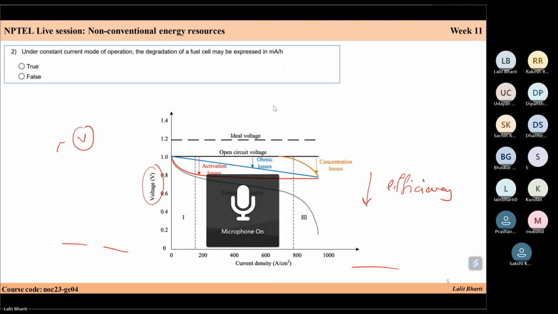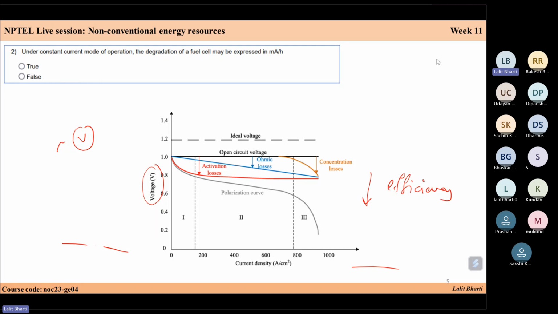So this statement should be true: for a constant current, let's say for 1 hour, if you are getting your capacity or performance as milliampere per hour, and if your current rates are lower, then you will get a low number of flowing electrons, and your flowing current densities will be lower for the similar time duration.